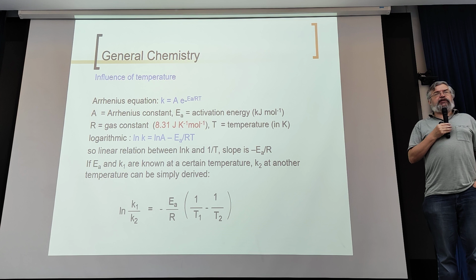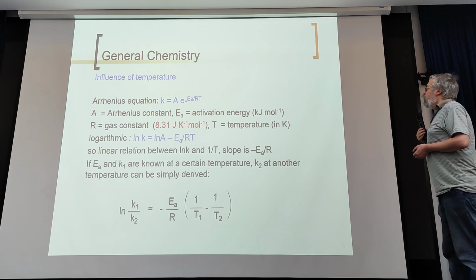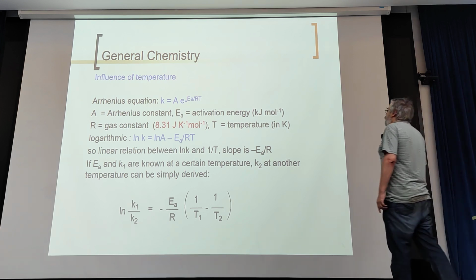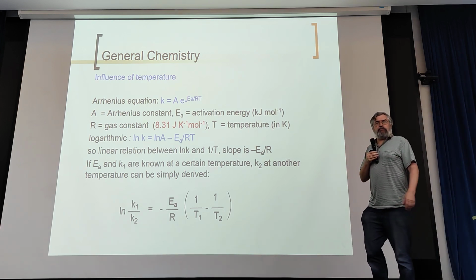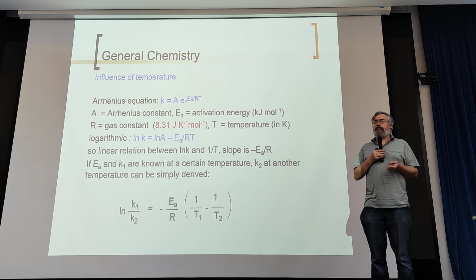That's a certain energy that the reaction needs to be able to proceed. We will go into the detail of why that is needed. Again, this can be expressed in kilojoule, so it's in kilojoule per mole of reagent.